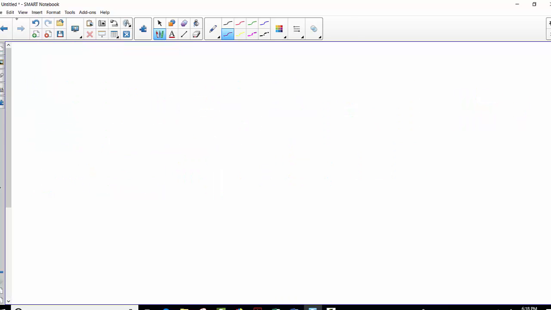All right, let's do some more examples. Let's say I have Mg and F. How many valence electrons does magnesium have? Look on the periodic table. You'll notice it has 2 valence electrons. Fluorine, once again, has 7.